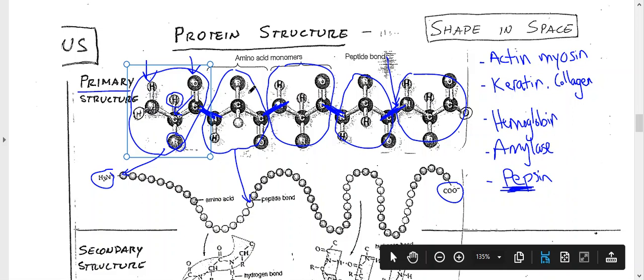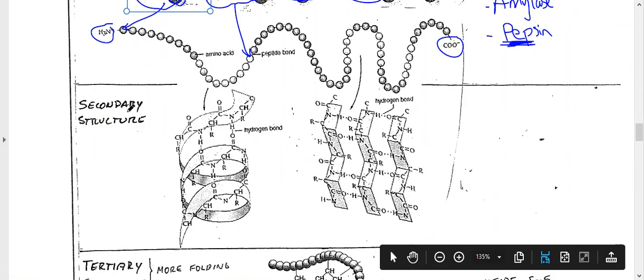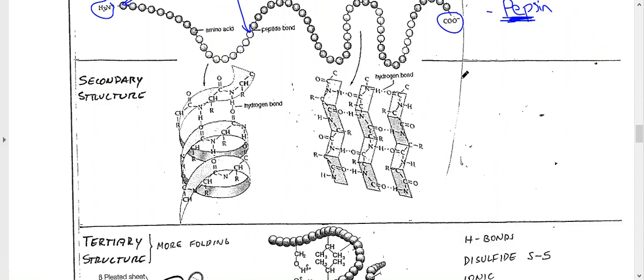So those are some examples. All right, let's continue. So secondary structure. Secondary structure is where things start to get a little bit more interesting. Over here on the side, this is due to the hydrogen bonds, not the R groups, only the hydrogen bonds between the carbon and the nitrogen backbone.